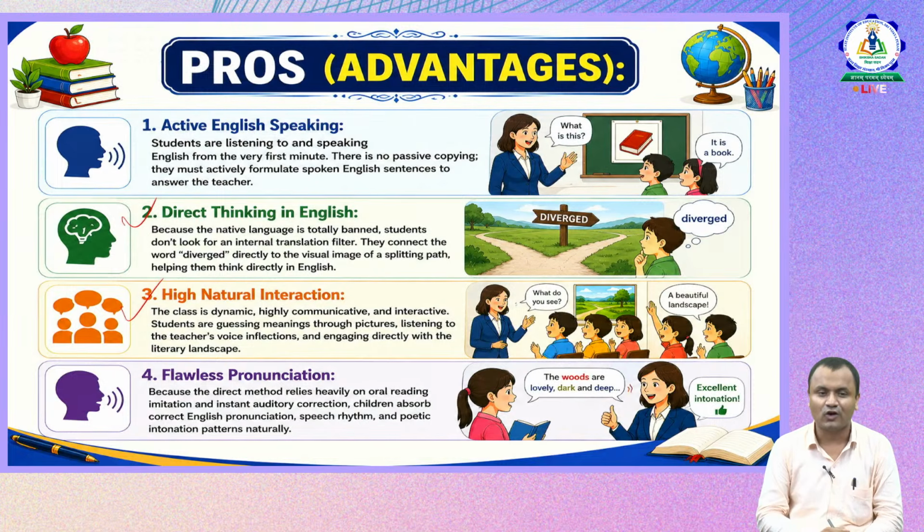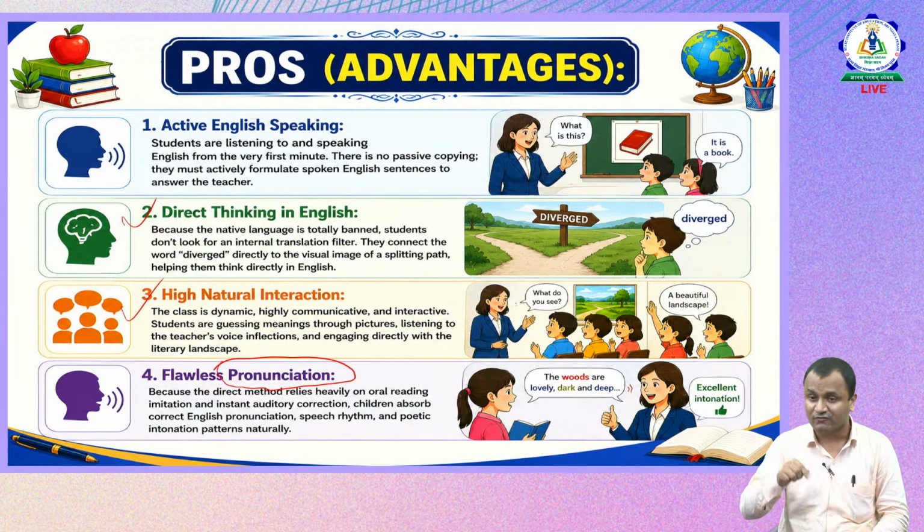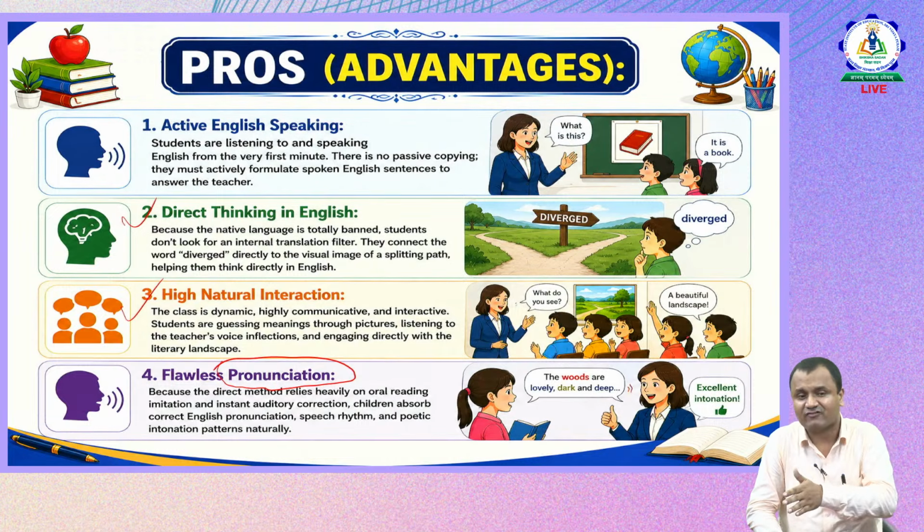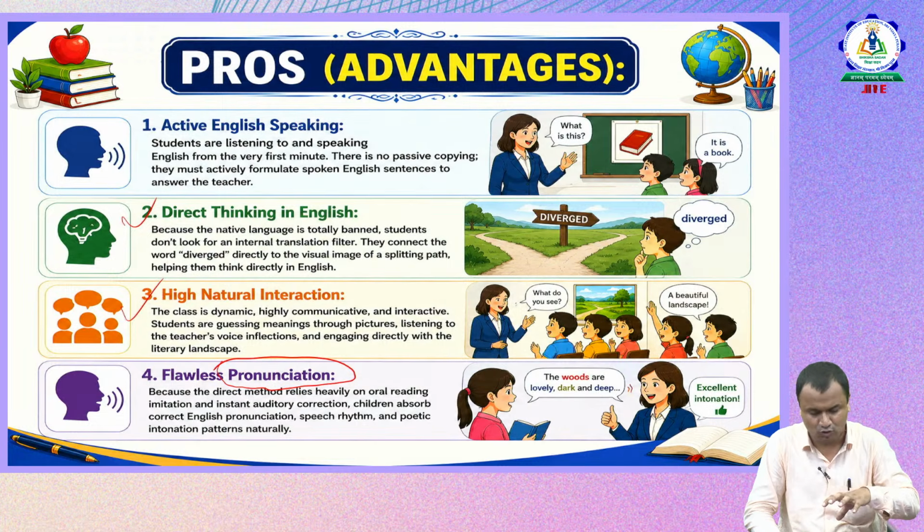And the next, flawless pronunciation. When we teach through direct method, the student has to listen carefully and speak carefully. So the student would focus on the rhythm, the intonation, the voice modulation, and the pronunciation of the teacher, and would imitate that. That means the pronunciation of students who learn the language through the direct method will be far better than that of students who learn it through grammar translation method.